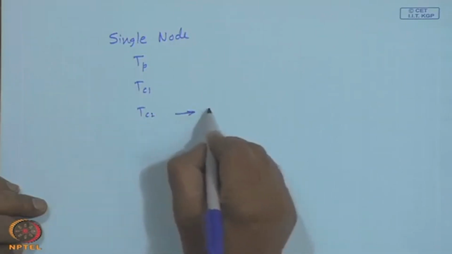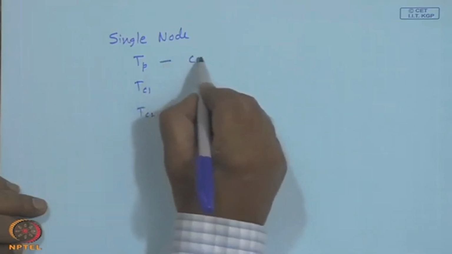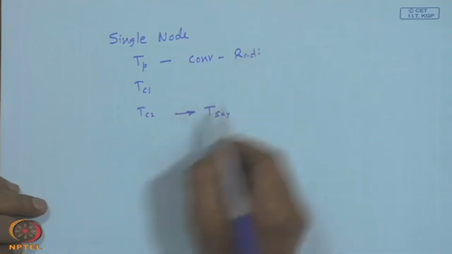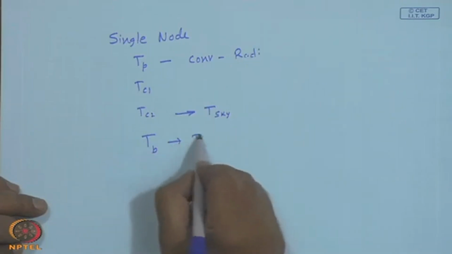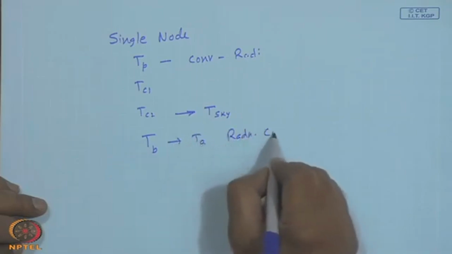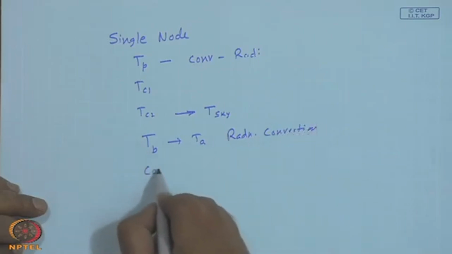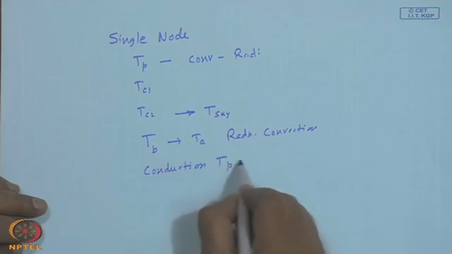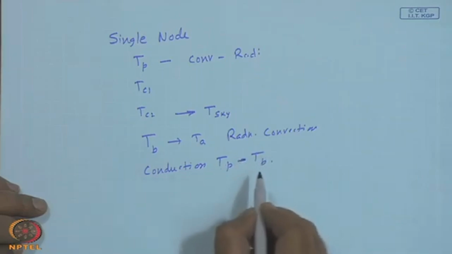From here it loses by radiation to T_sky, and there are parallel convection and radiation, and then the back temperature T_b to T_a, radiation and convection, and by conduction from plate temperature T_p to T_b, right.